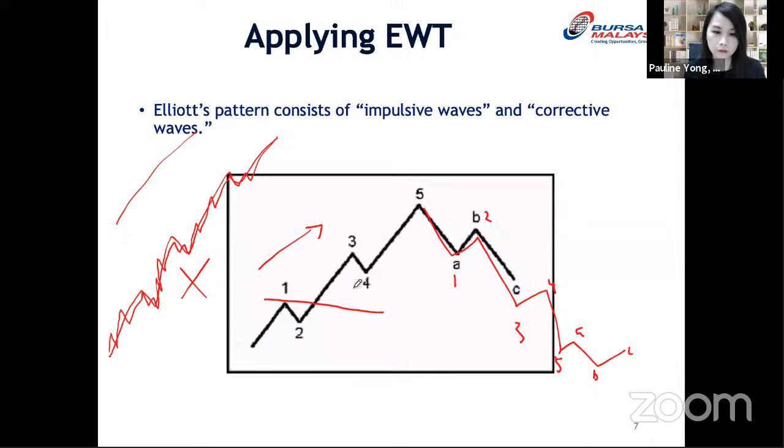When we count the wave, we want to know whether you are correct or not. I want you to pay close attention to this wave number 4, because very often new people who get into this Elliott wave usually count this wave number 4 wrongly. So that is why you have to pay close attention to wave number 4 later when you do that.